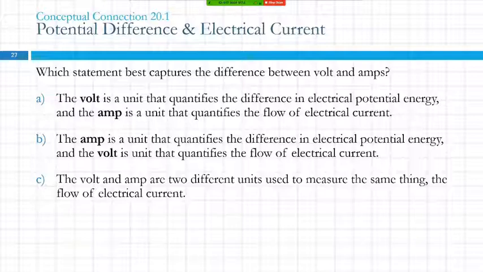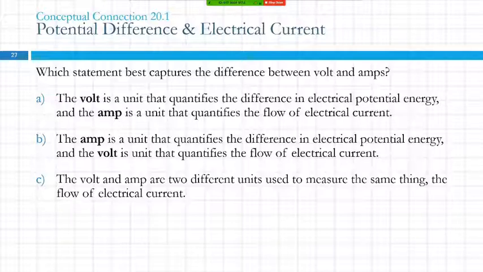Or the amp is a unit that quantifies the difference in electrical potential energy, and the volt is a unit that quantifies the flow of electrical current. Sometimes all these words are like, whoa, I'm drowning in words. These two statements are opposite of each other. And then the third one is the volt and the amp are two different units used to measure the same thing. They both measure flow of electrical current.